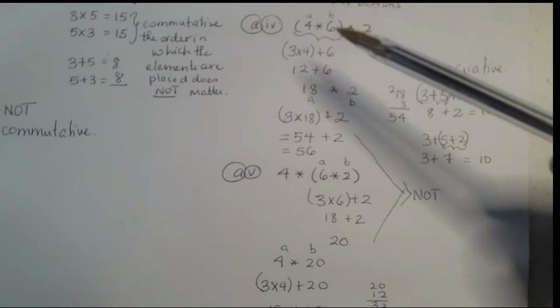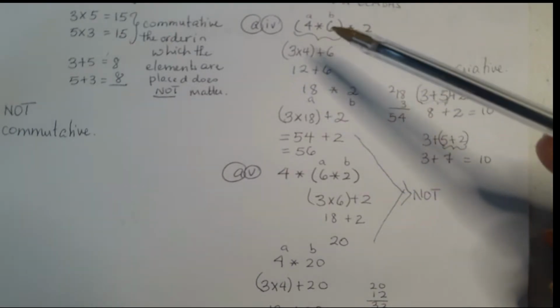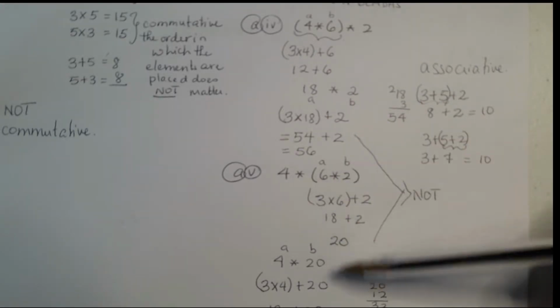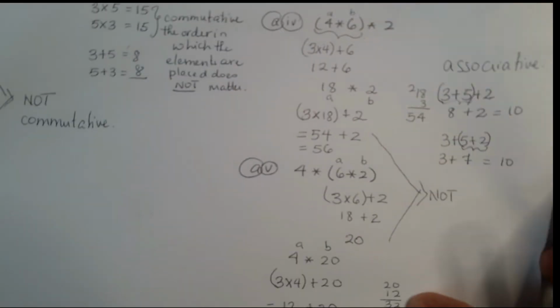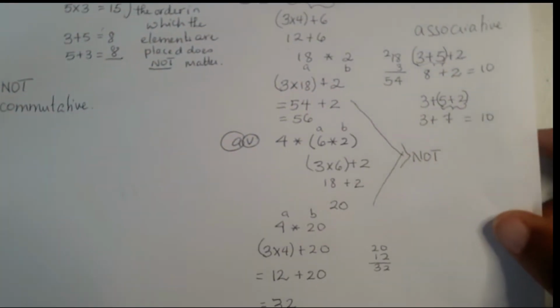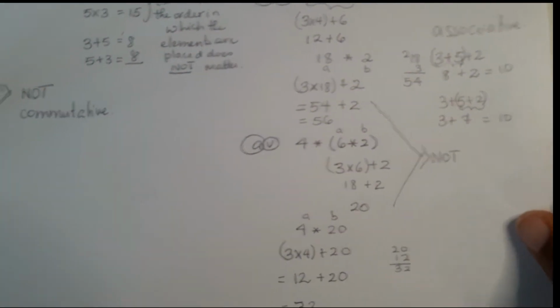In this case, we have the binary operations here. When we move the brackets again, we did not get the same answers. Because we did not get the same answer, we said that the operations are not associative. I hope this helped.